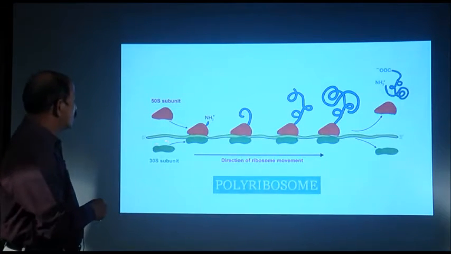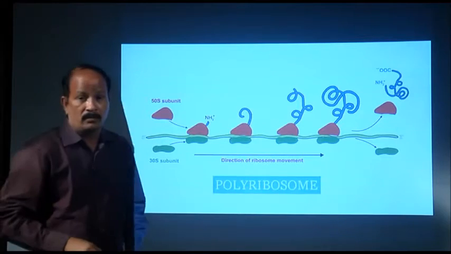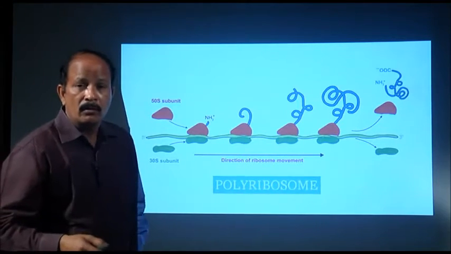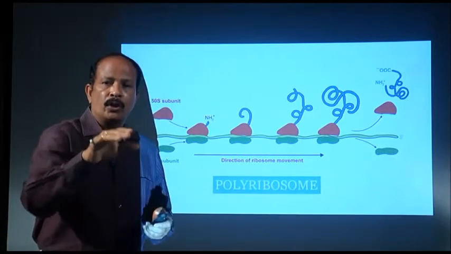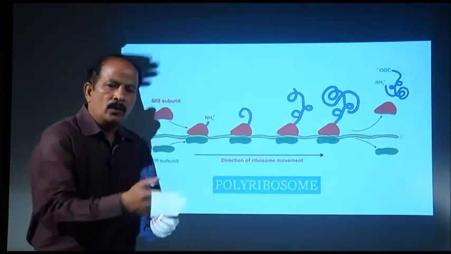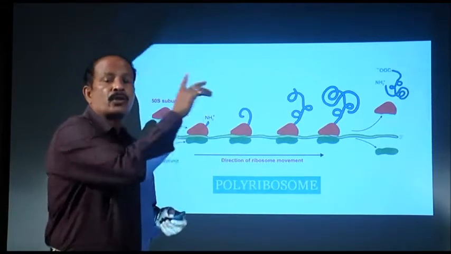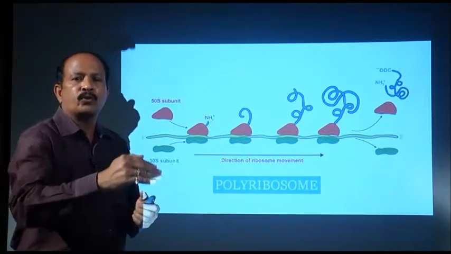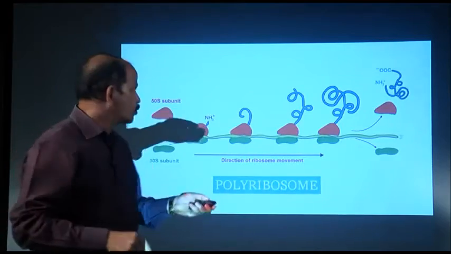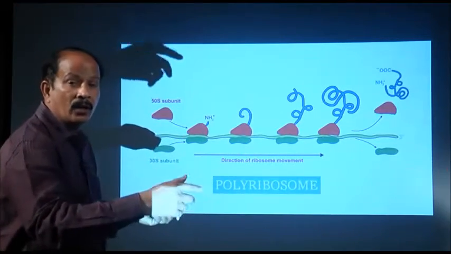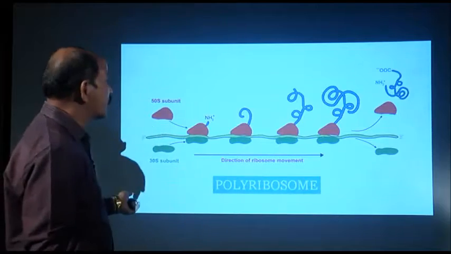While the messenger RNA is intact, I can read, my successor can read, his successor can read, five subsequently. So, as long as the messenger RNA is stable, the same messenger RNA can be translated by several ribosomes.